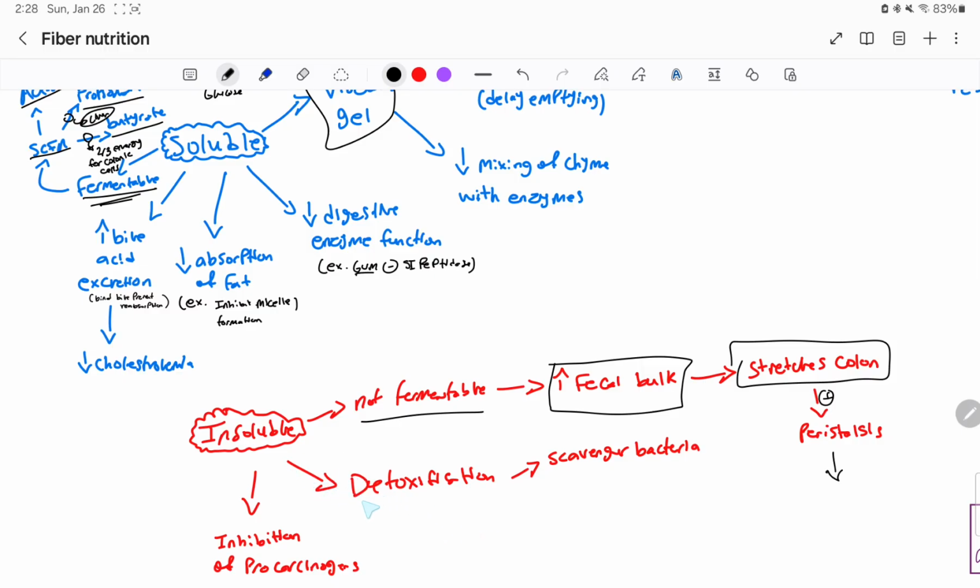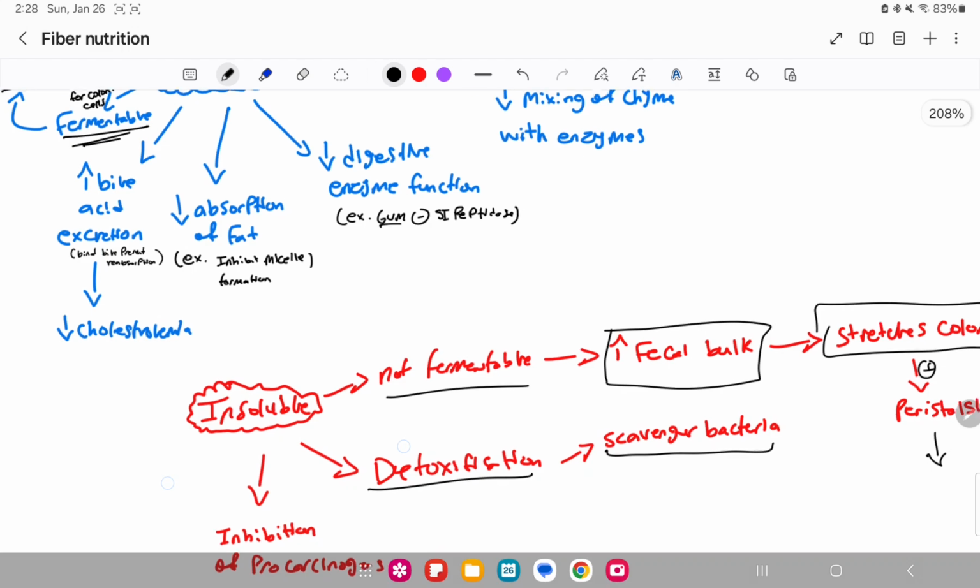Another function that these guys have is detoxification, okay, detoxification. So, for example, they have sometimes been termed as scavenger bacteria, okay? And what this means is that they essentially attach to bacteria, okay? And the bacteria will then get excreted out along with the non-fermentable fibers. Okay, so they're just kind of scavenging out for certain bacteria, and they're exhibiting a detoxification effect.